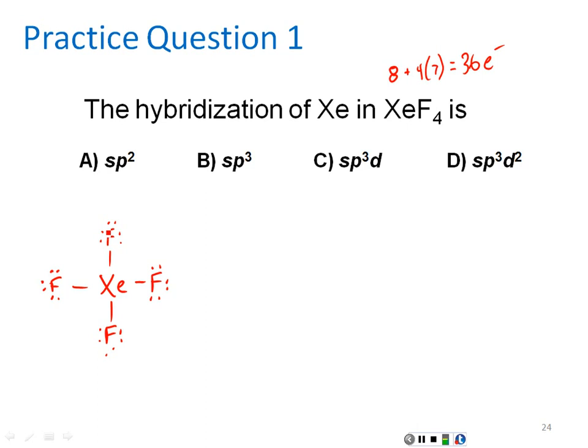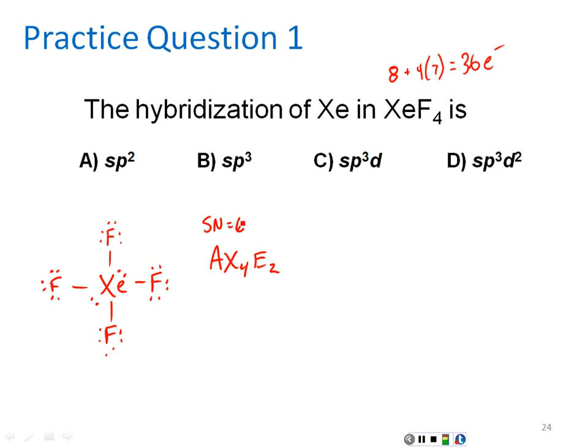So we have 4 more electrons, and we need to place those on the center atom, xenon. And xenon, again, is so far down the periodic table that it can expand its valence. This would be an AX4E2 configuration. The steric number is 6.